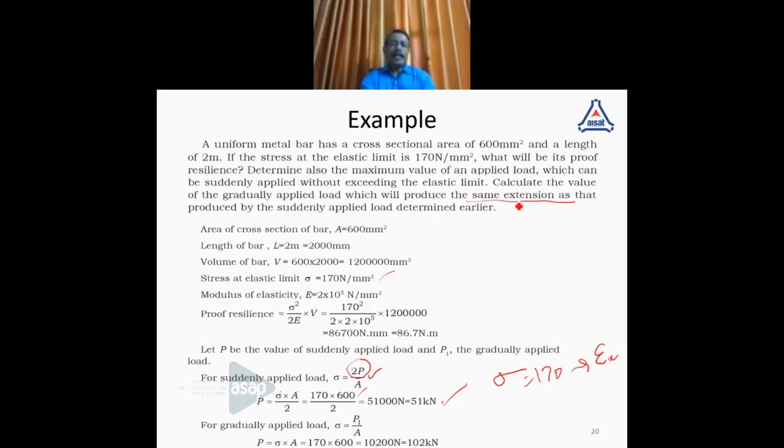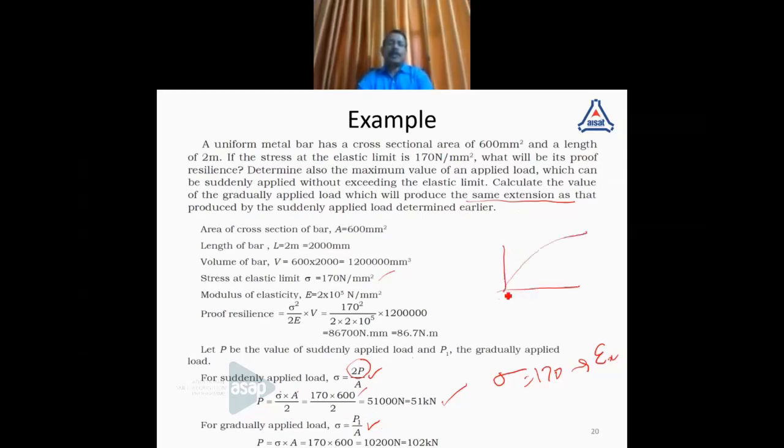When you are giving a gradually applied load, the conventional expression for stress can be utilized. For gradually applied load, sigma is equal to P1 by A, the value of stress which is applied.